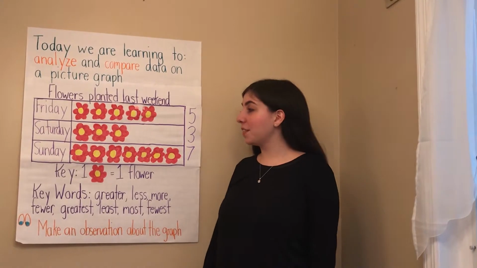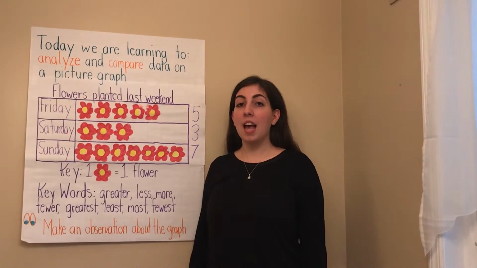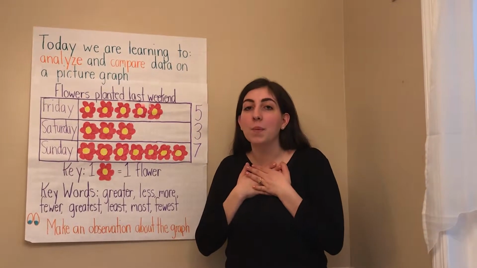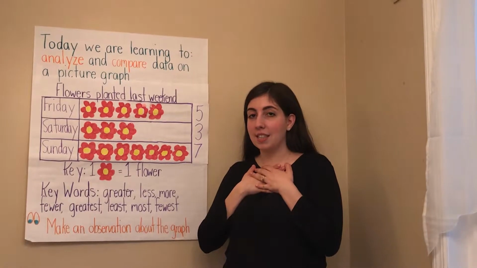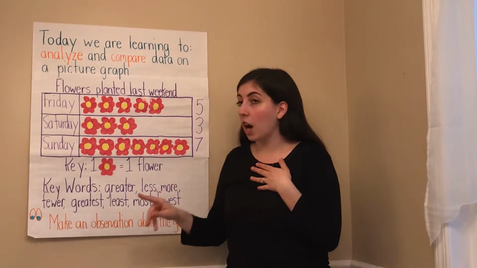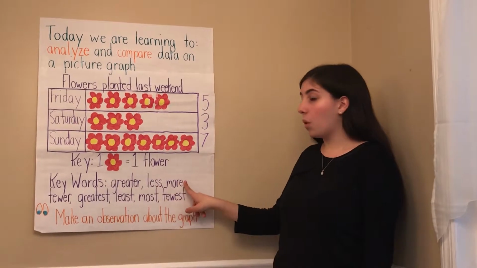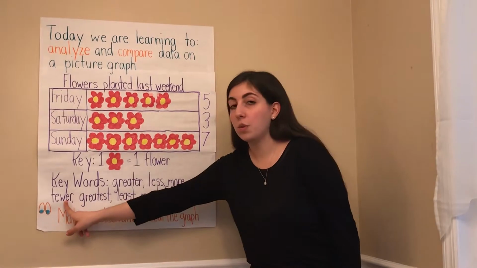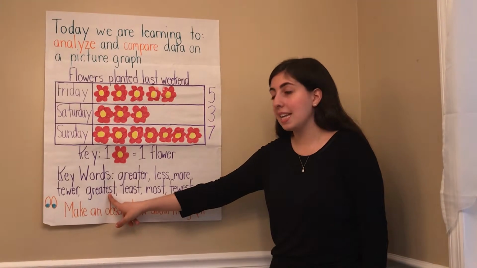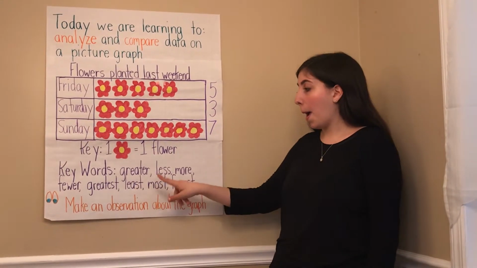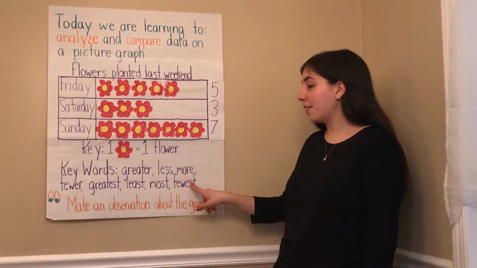We can make observations when we look at picture graphs. I'm going to use comparing words in my observations. The comparing words are greater, less, more, fewer, greatest, least, most, and fewest.